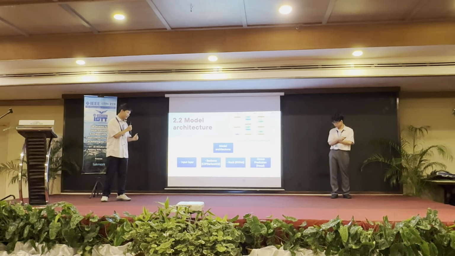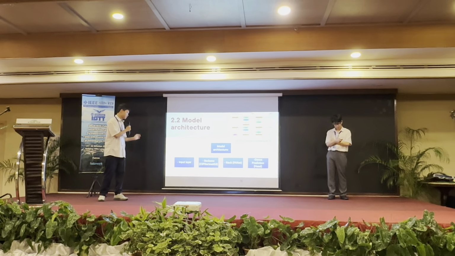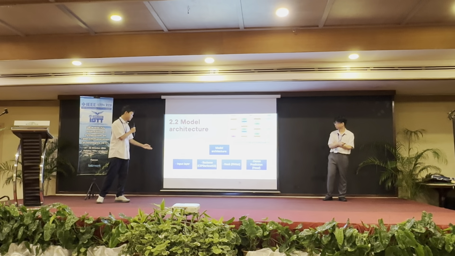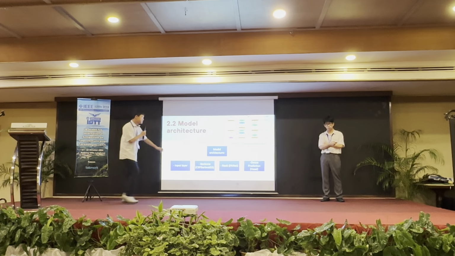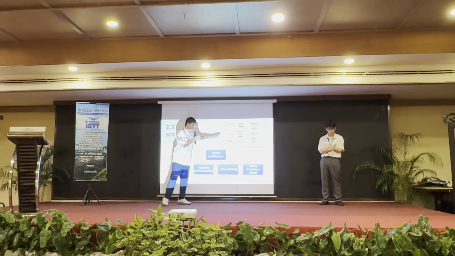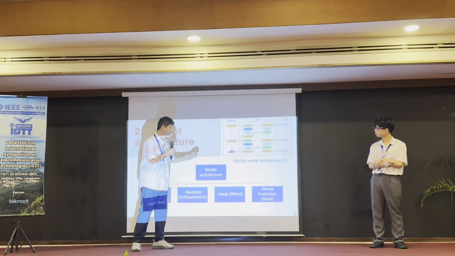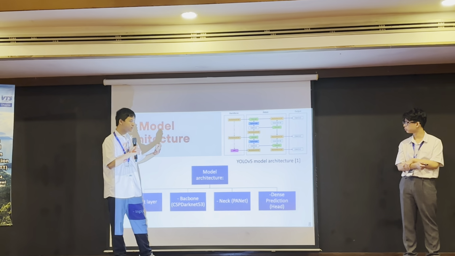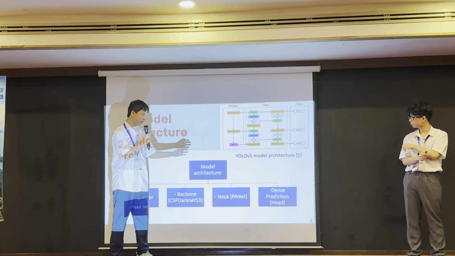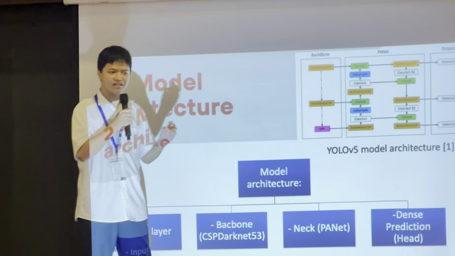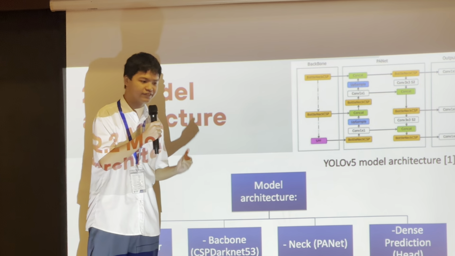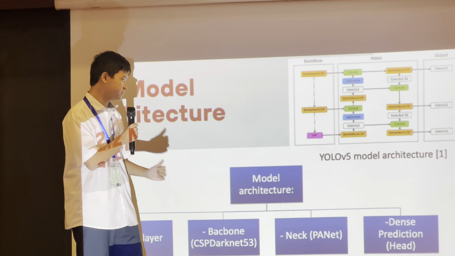This information will be transferred to the next part, the backbone or the CSPDarknet53 that YOLOv5 uses. In this, there are 2 bottleneck CSP, or cross-stage partial blocks. This will connect the features of the input and increase the accuracy without sacrificing computational cost.